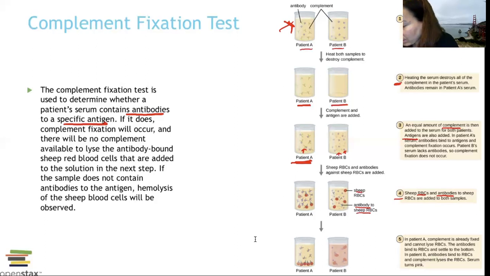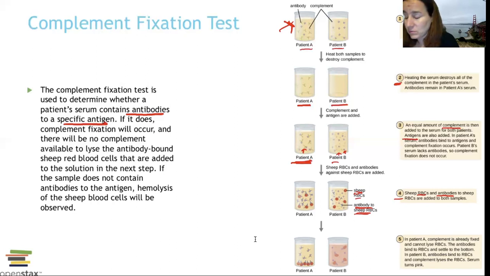Patient B, their stuff was floating all around because we didn't have the green antibodies floating in patient B. And so when we added the sheep's red blood cells and the antibodies to the sheep's red blood cells, the complement's still free roaming in there. It's not hooked up. So what's going to happen is we're going to have a complement cascade happen.